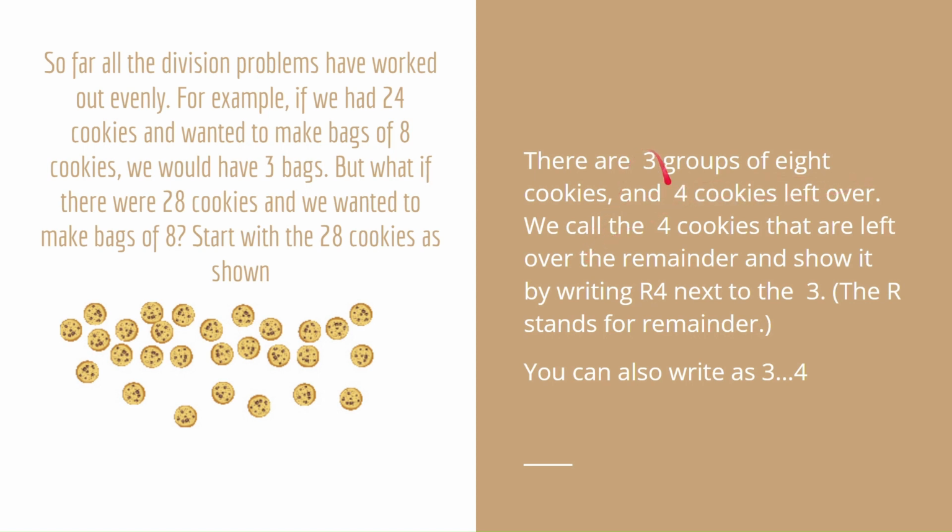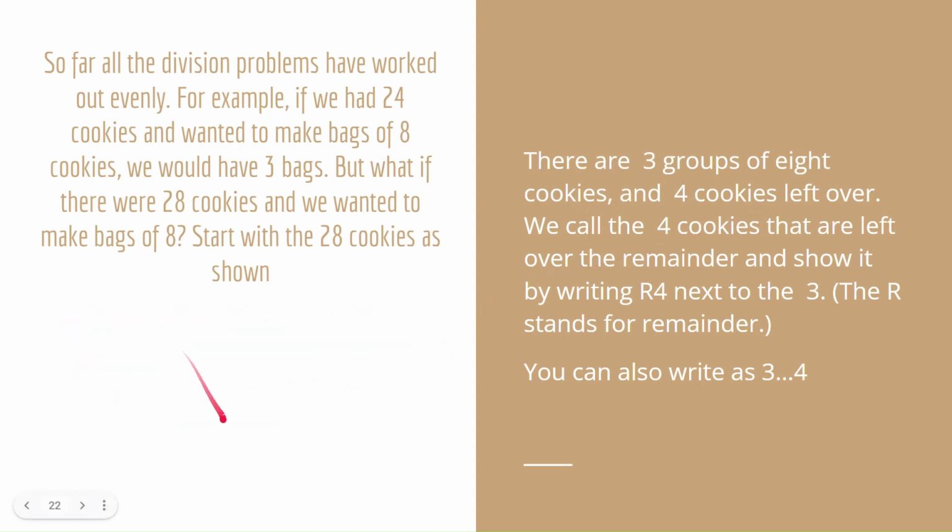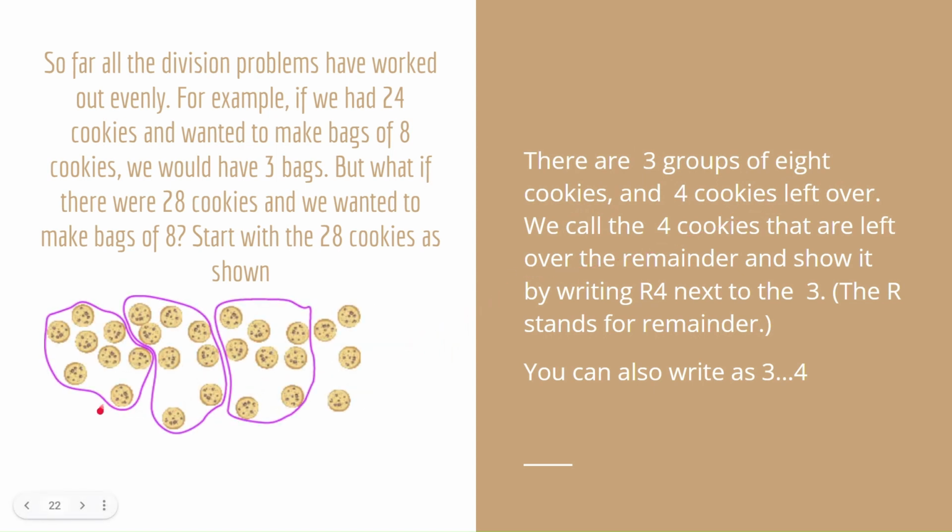So there are 3 groups of 8 cookies and 4 left, which we can see here. 3 bags and then 4 left. We call the 4 cookies that are left over the remainder, and show it by writing R4 next to the 3. The R stands for the remainder. You can also write it as 3 R 4.